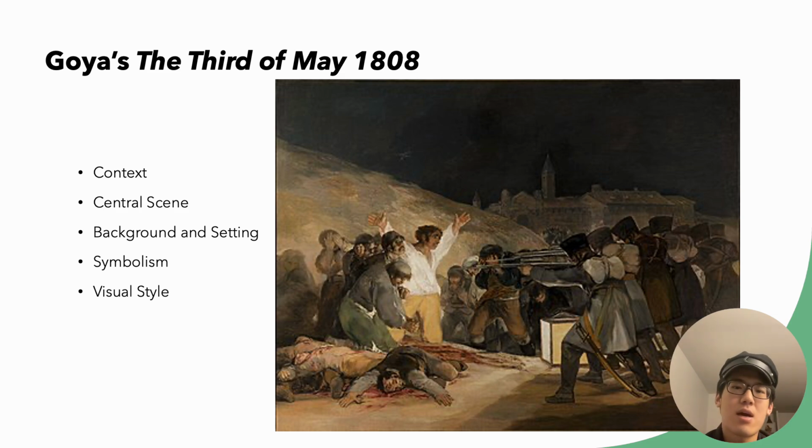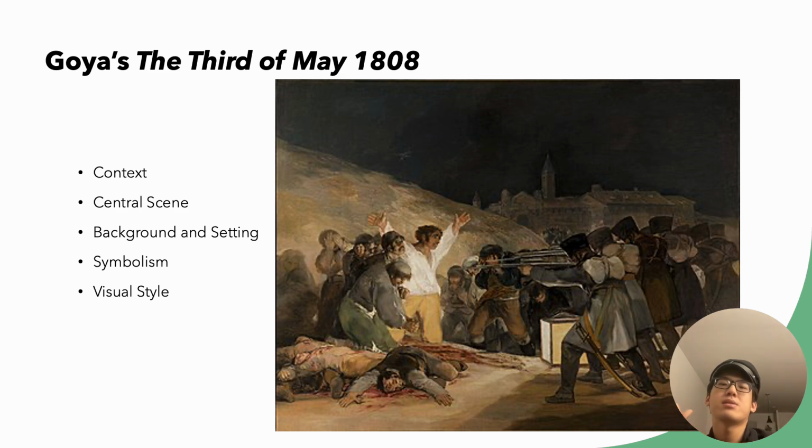The background setting is a darkened landscape with a church visible in the distance, in contrast with the harsh spotlight on the central figure. The piles of dead bodies on the ground emphasize the brutality and inevitability of the massacre. Here are some symbols in this art. The man in the white shirt is a Christ-like figure; with his arms raised, he resembles Christ and symbolizes sacrifice and innocence.